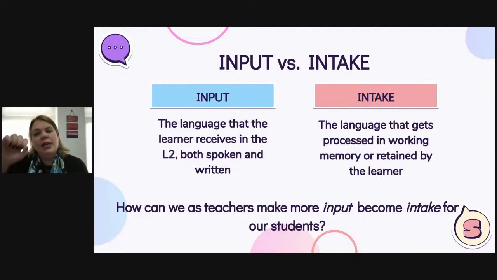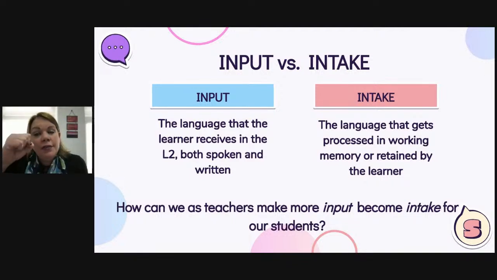What happens if we open the faucet and the water comes out very fast and very hard? What happens to the sponge? The sponge is not able to absorb all of that water, right? The water is splashing all over the place. It's very difficult to absorb it.